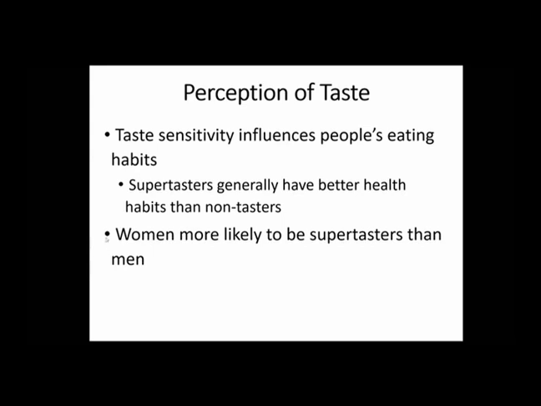And just an interesting side note here, women tend to be super tasters more often than men are. I'm not sure why they are predisposed to be super tasters, but more of them are. And we'll notice that a couple of our different perceptions and differences in perceptions tend to be biased based on sex.